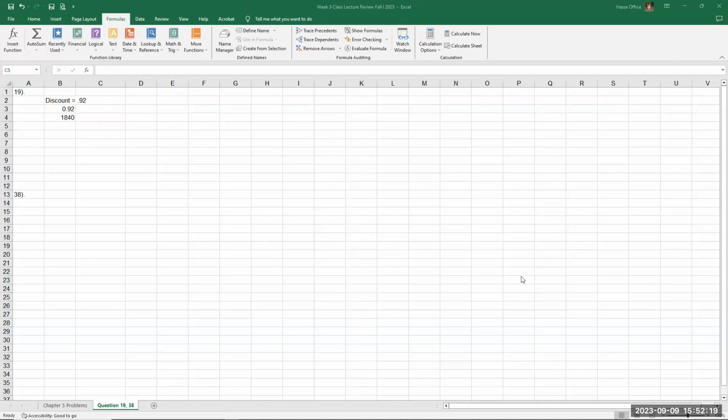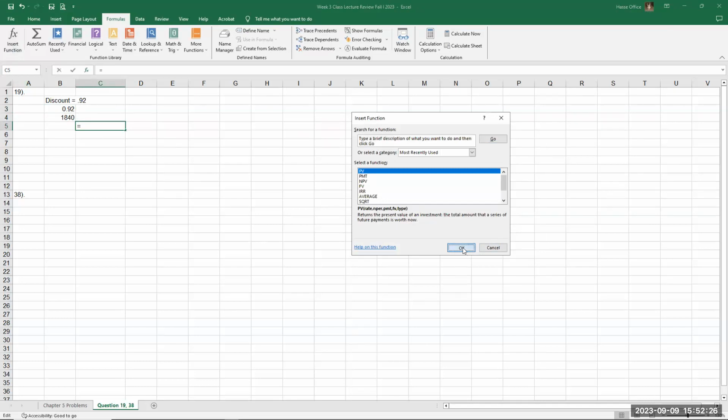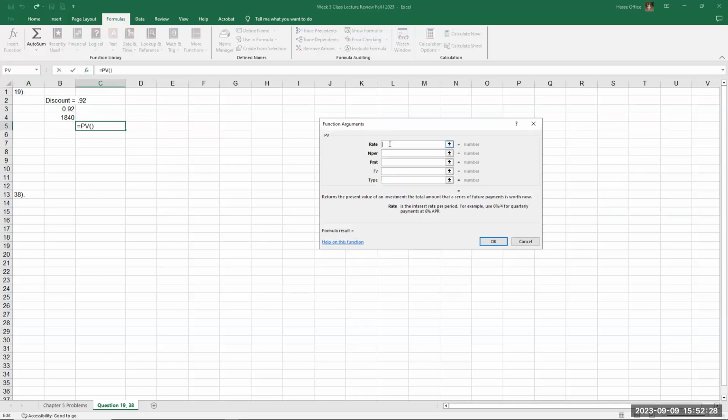Now, really, the present value of a dollar is this. Function, present value. Remember, the discount factor given in the problem is 0.92 over 2 years. That's 8% over 2 years, which is really 4%. So if I put in 4% over 2 periods, and the future value is $1, I get roughly 92 cents.